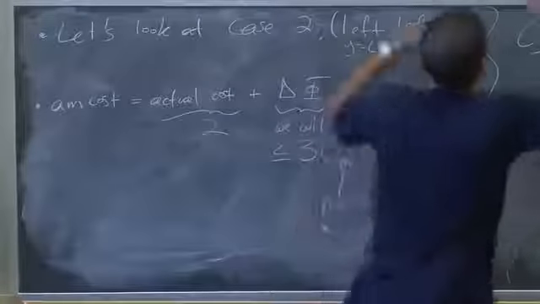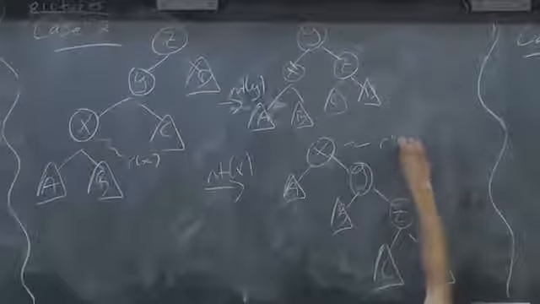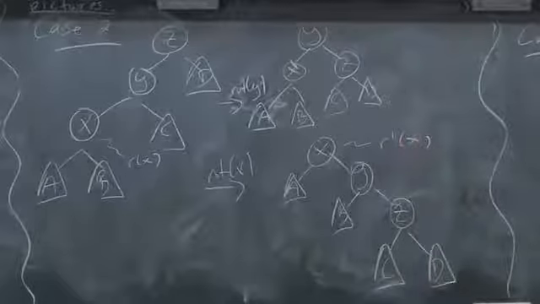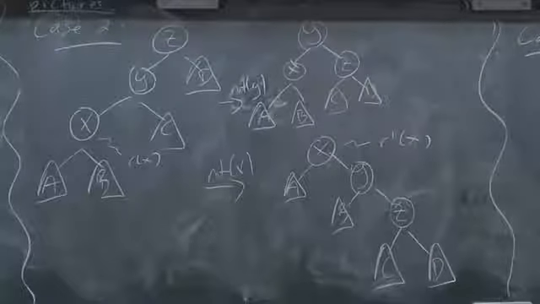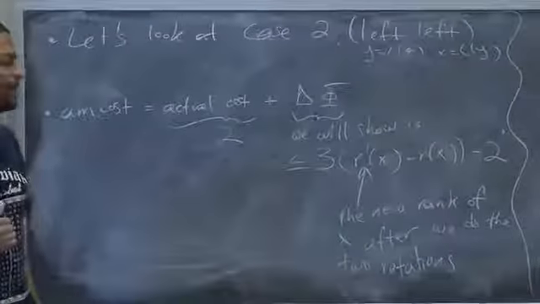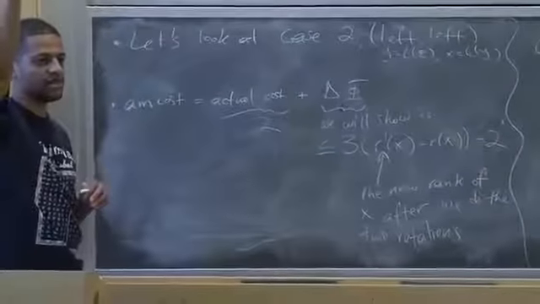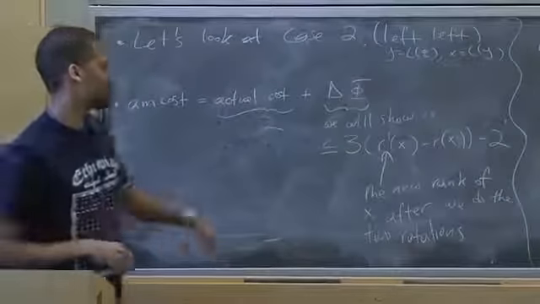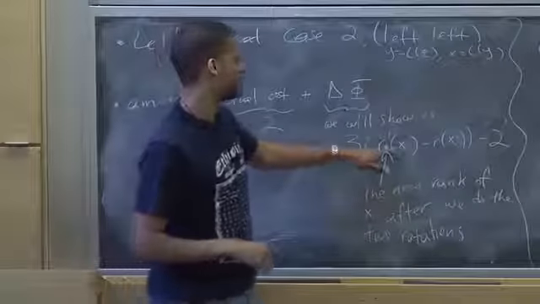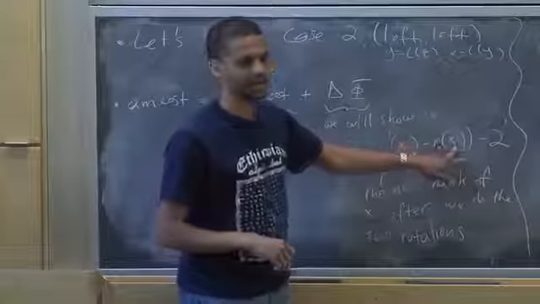Here it has some rank r of x, and after we do the 2 rotations, it has some new rank r prime of x. Notice this 2 is going to cancel that 2. And when we sum over all of these case operations going to the root, it's going to telescope, and we're going to be left with r of the root minus r of x to begin with.